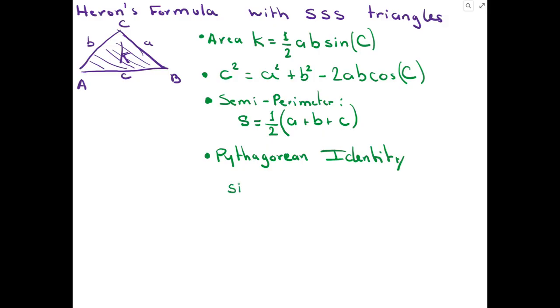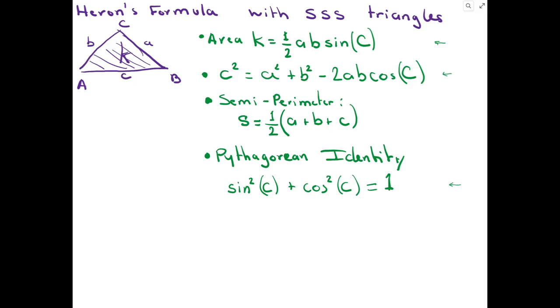So I want sine squared of angle C plus cosine squared of angle C is equal to 1. Now, this is not particular to angle C, but notice how I have angle C in the area formula right there. I have angle C right here in the law of cosine, and so I'm going to stick with angle C here as well, just so they're all matching.